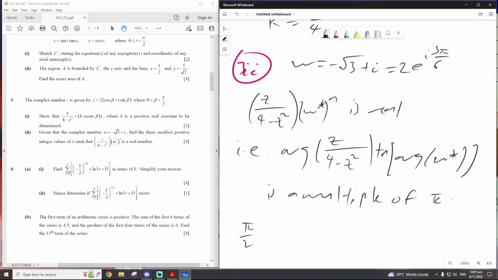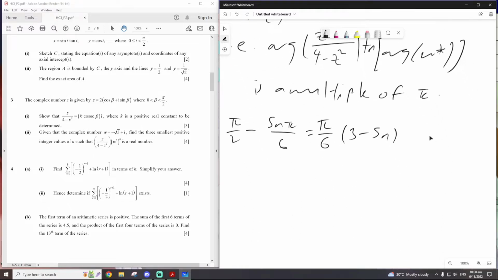So pi over 2 minus 5n pi over 6. Combine this together, you will get pi over 6 times 3 minus 5n is a multiple of pi.